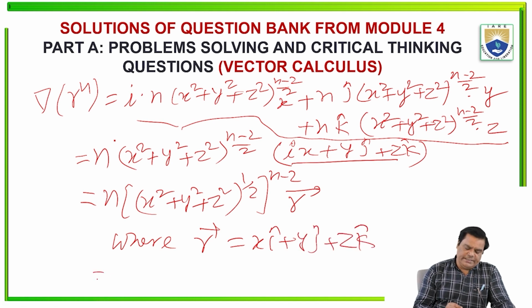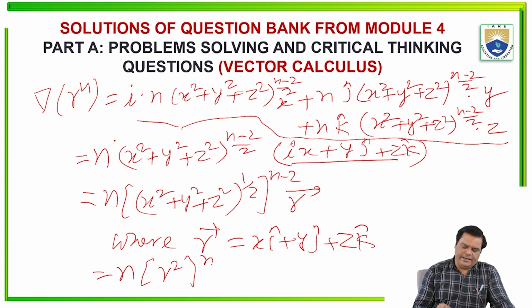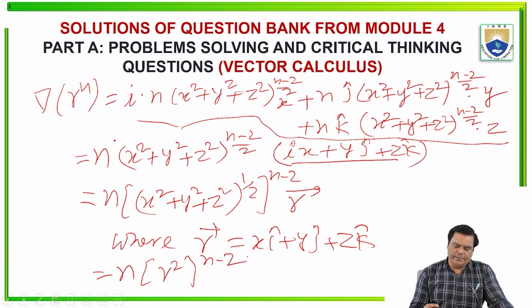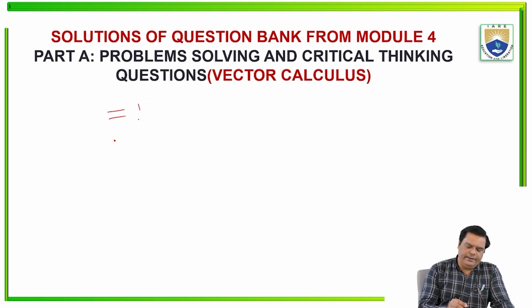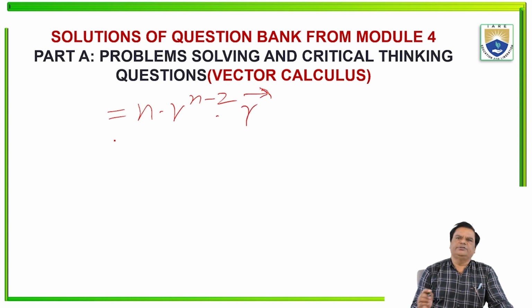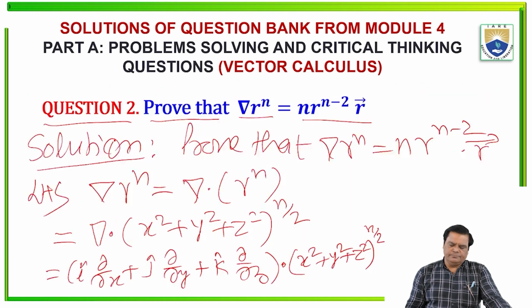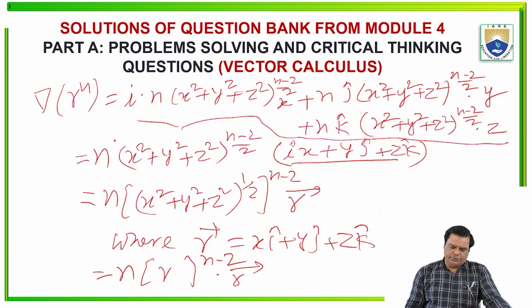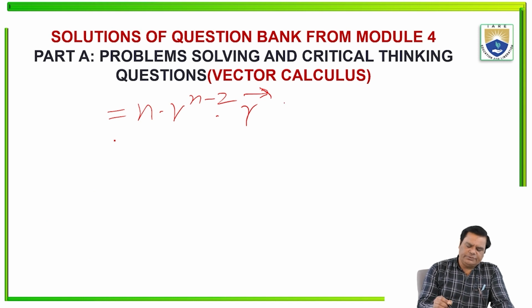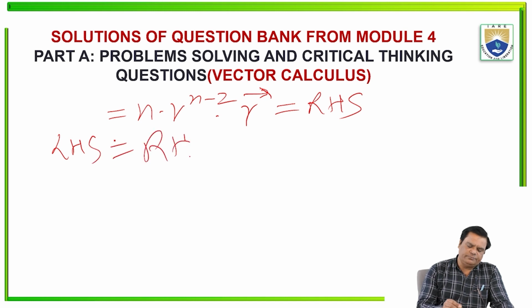So this result is n into r square whole to the power n minus 2. Okay, this is r, not r square. This is only r, n into this vector r. So now we get n r to the power n minus 2 into vector r. This is RHS. So we get LHS equal to RHS. Proved.